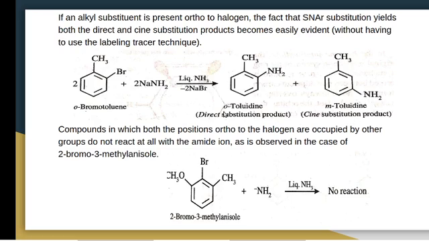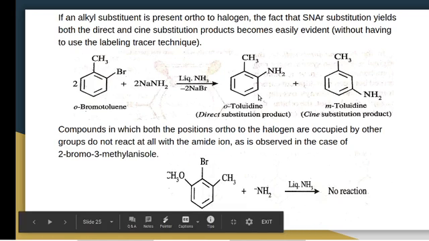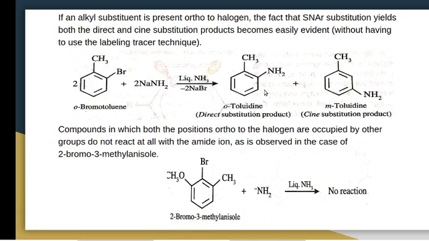Direct substitution product means the nucleophile directly attaches on the carbon where the halogen atom was already attached. That means this halogen atom was replaced by this NH2 minus group. And this is the cine substitution product obtained by the replacement of the halogen group and forming an amino substituted product.